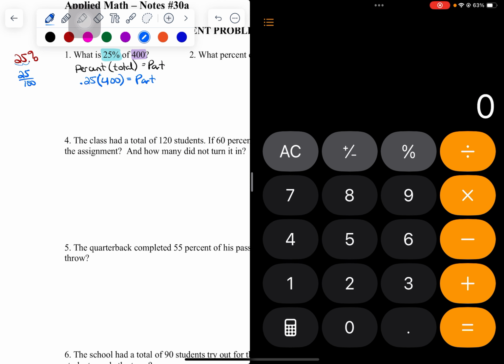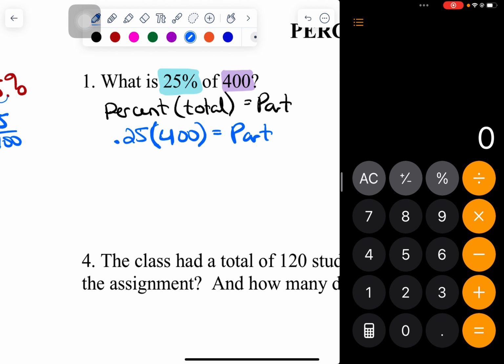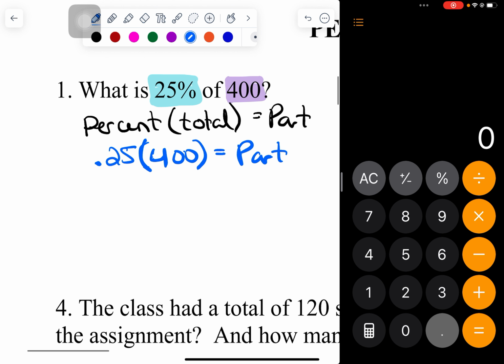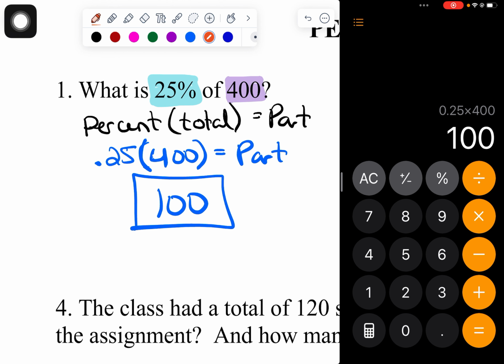Okay, so I'm going to pop up a real basic calculator here and kind of split screen with it. So on my calculator, I'm going to do 0.25 times 400, and I got 100. So 25% of 400 is 100. Okay, percent times total equals part.